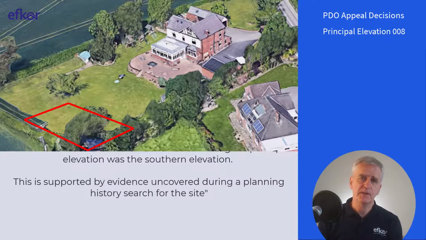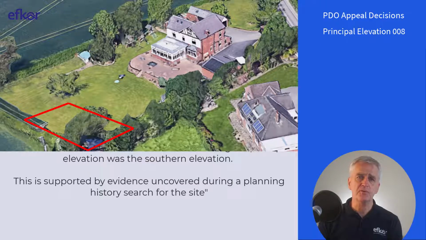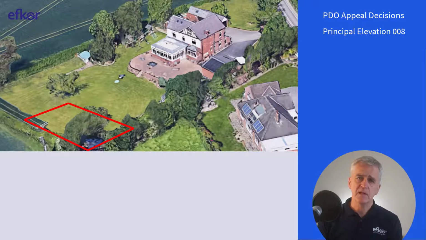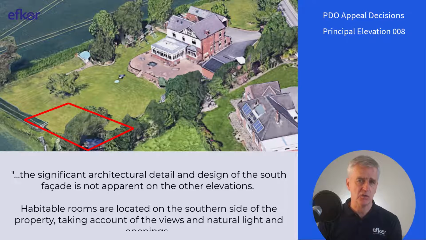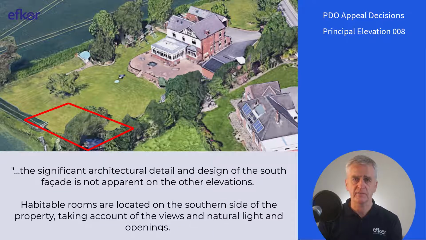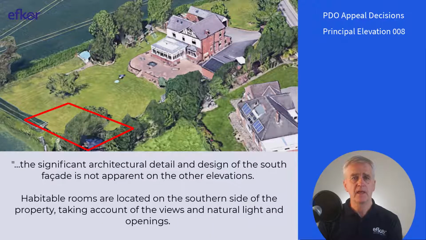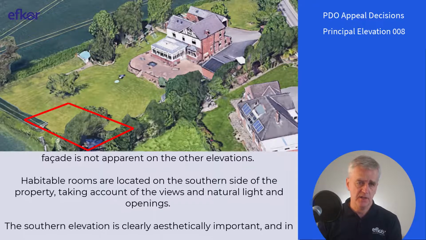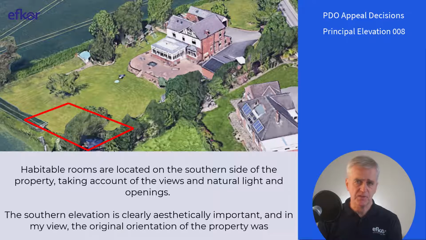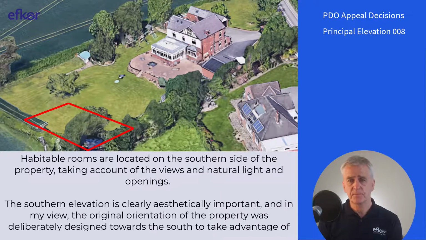So what did the inspector say? The inspector referred to some of the above comments without disagreement and added, "The significant architectural detail and design of the south facade is not apparent on the other elevations. Habitable rooms are located on the southern side of the property, taking account of the views and natural light and openings.